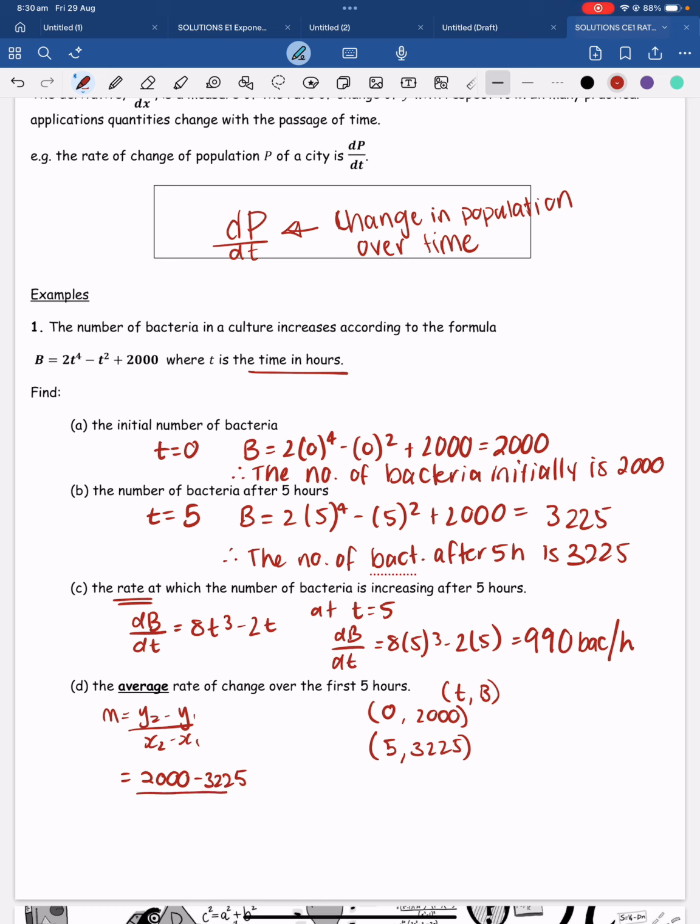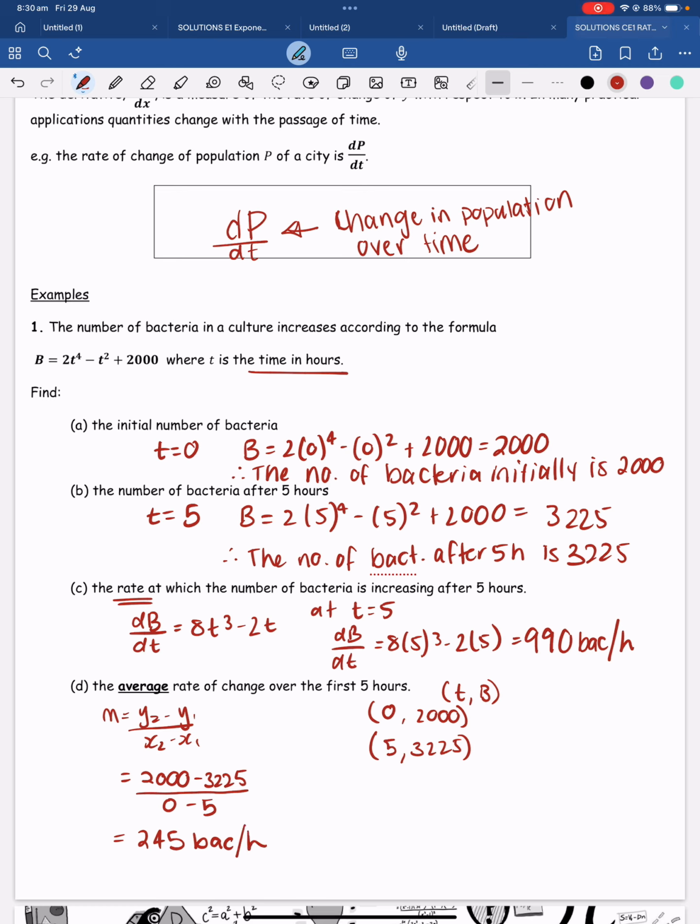Doesn't matter which way I put which point, as long as it's consistent. And get my answer. And I get 245. So again, that's a rate, so bacteria per hour.